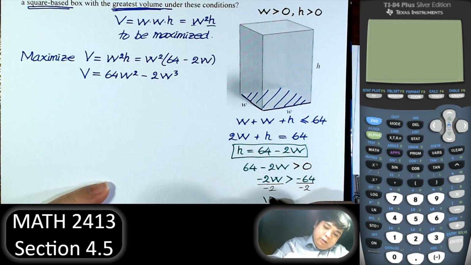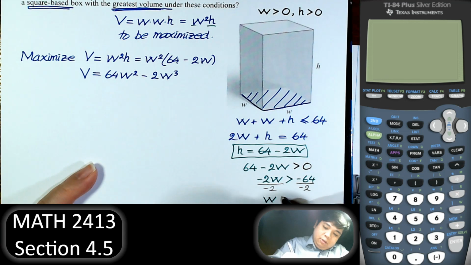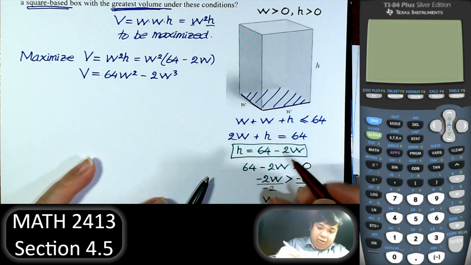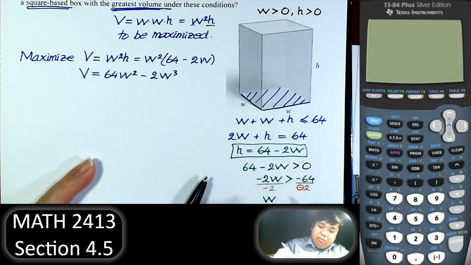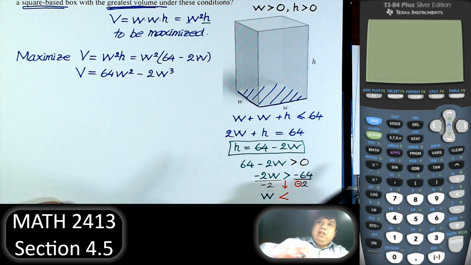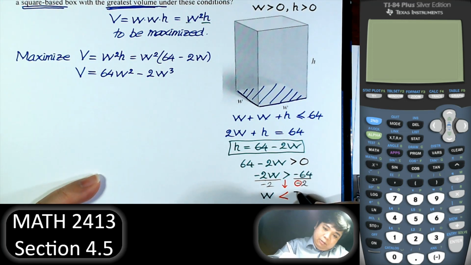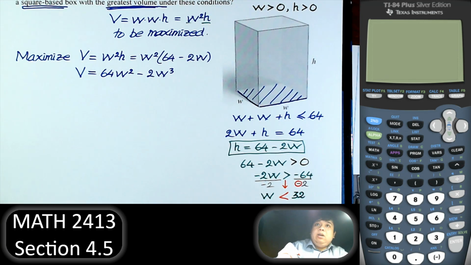So w, remember, every time you divide by a negative number, reverse the inequality. Yeah. So the width cannot be more than 32.